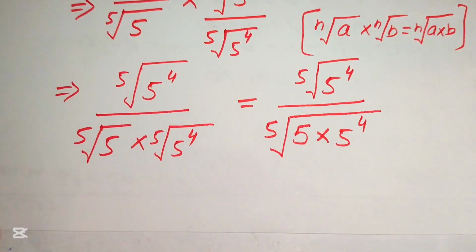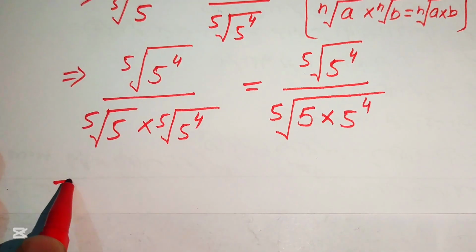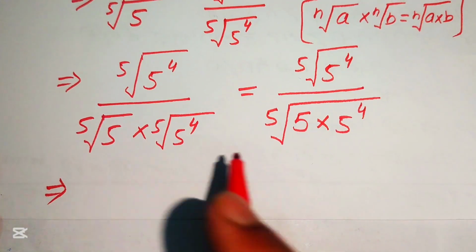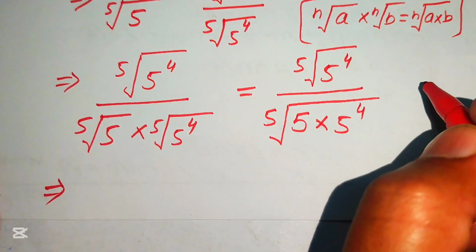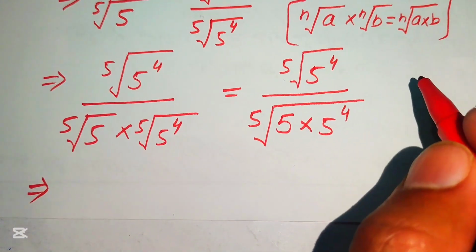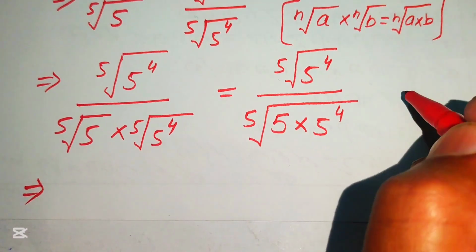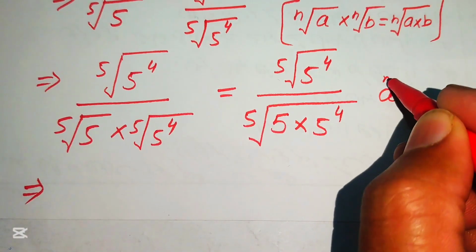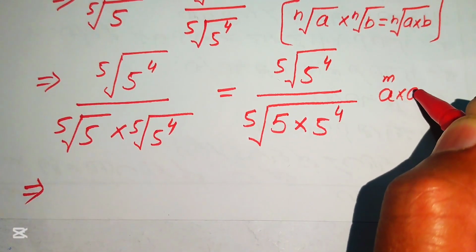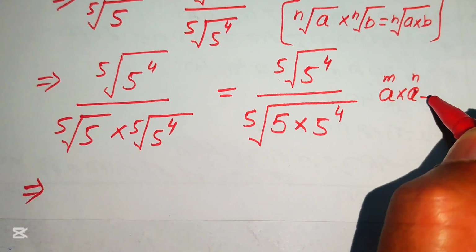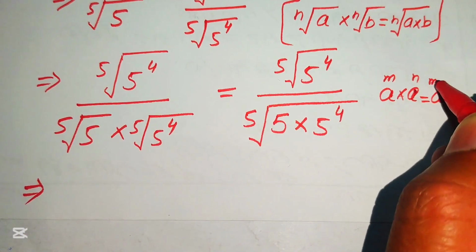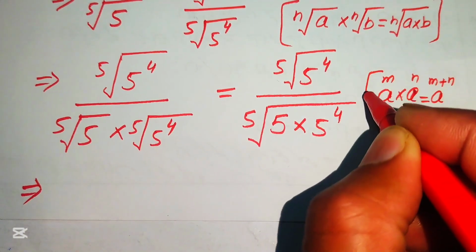So now here in the next step, we will apply another exponent law in the denominator term, and you know that if we have a to the power of m multiplied by a to the power of n, it is equal to a to the power of m plus n.